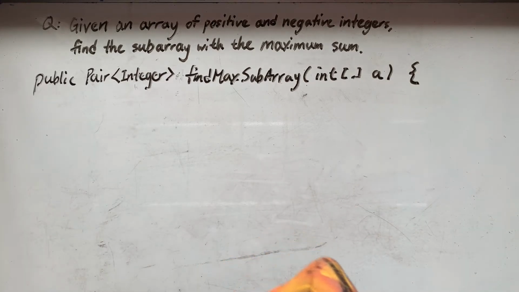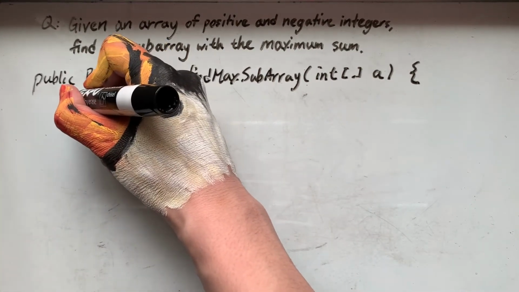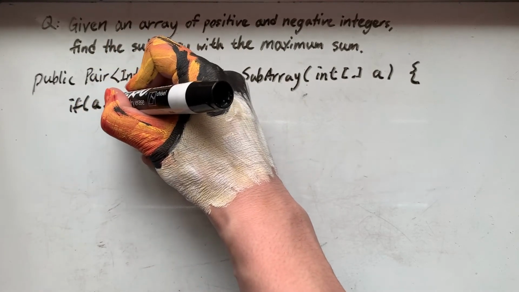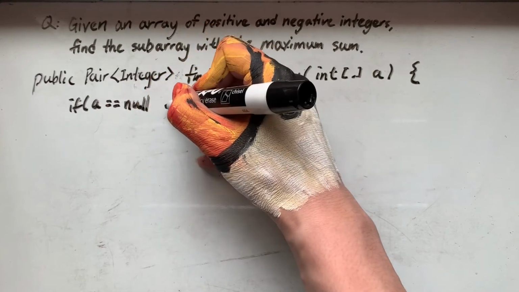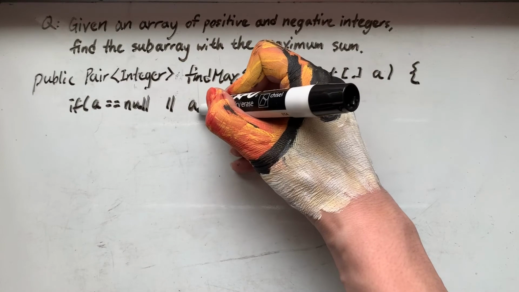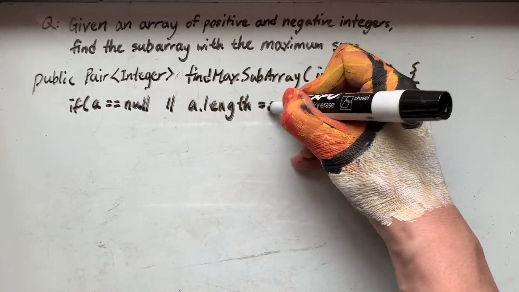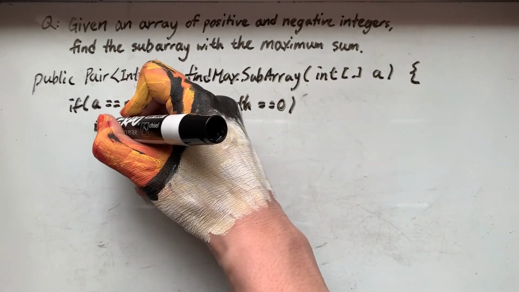So the first thing we want to do is check the edge cases. So if the array is null, or if the array is empty, we'll just return null.